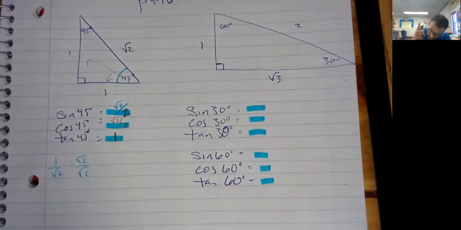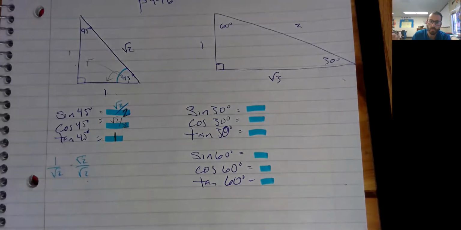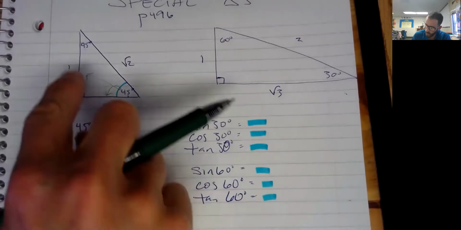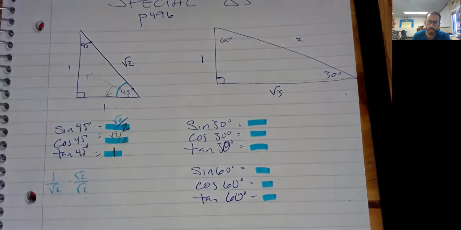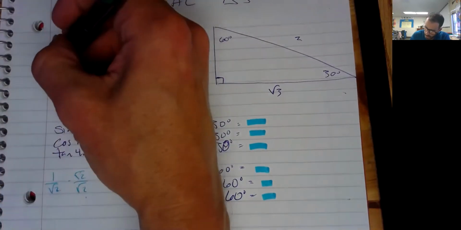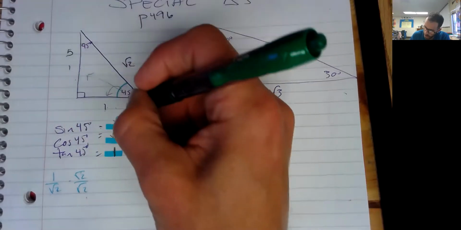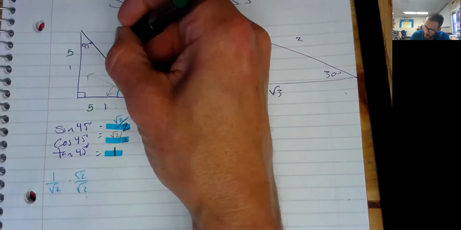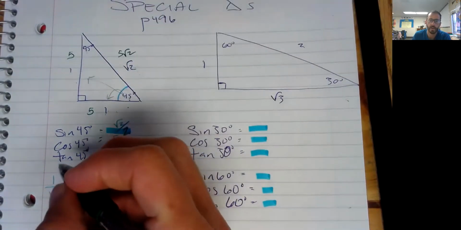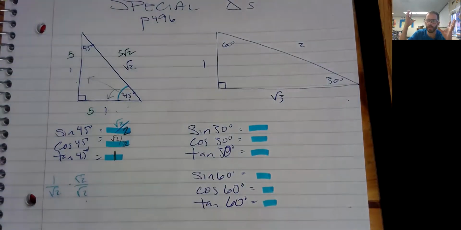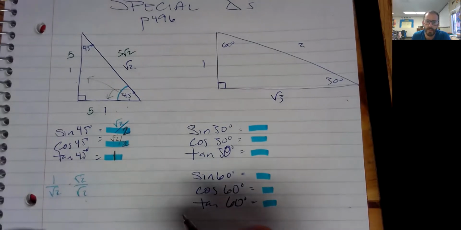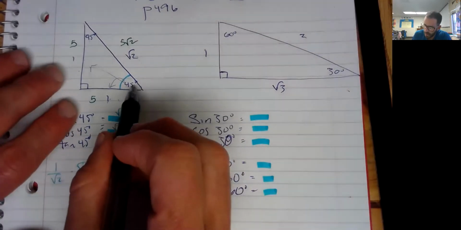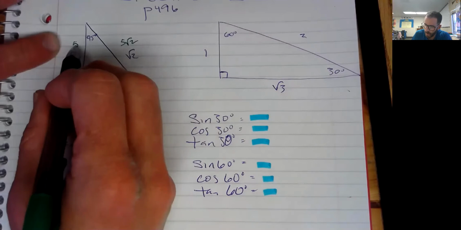All right, but wait. What if it wasn't 1, 1, 1 rad 2? What if it was 5, 5, and 5 rad 2? So what if I redo the triangle? I just expand it, dilate it, 5, 5, 5 rad 2. Let's still take this angle, sine of 45 degrees.